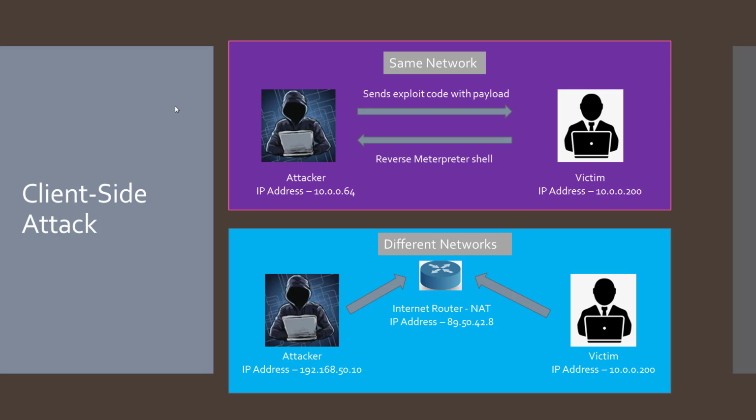It is more realistic in terms of the real world these days, because I would rather send something like a nice looking file that contains a payload to my victim, wait for them to trigger it, and then come back through their own firewall and wait for the reverse Meterpreter shell.